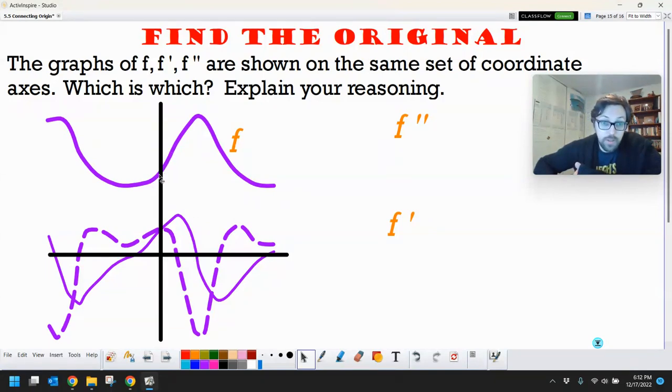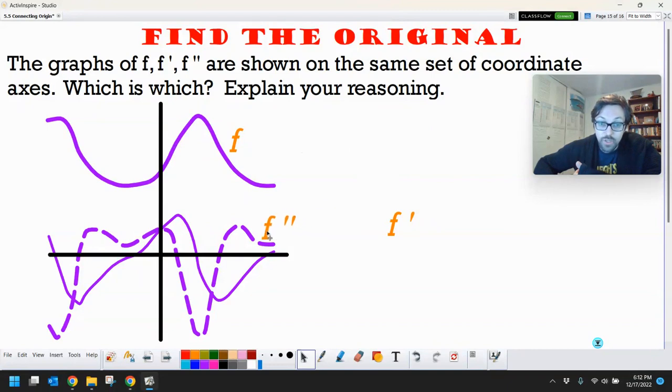So between these two, one of them is the derivative and one of them is the second derivative. So if I look right here, this thing is concave down on this interval. So I want one that is going to be negative on this interval. Now right here, this is going negative. This has got positive and negative here. But if I look at this dotted one, this is negative while this thing is doing that concave down thing.